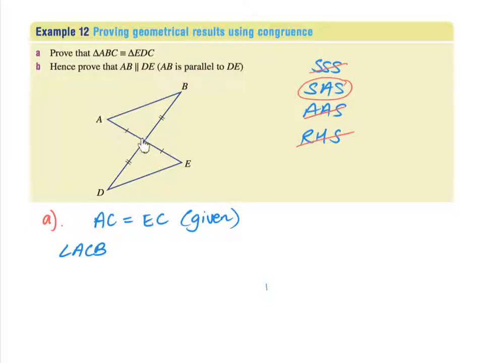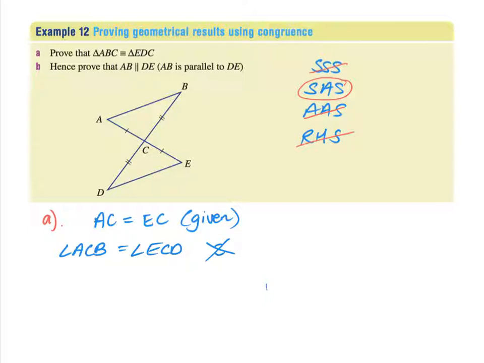If it's ACB, we start with this point going towards C, then we're going to be talking about ECD. Okay, that's the correct order. Angle ECD. And this here is vertically opposite, so we can just go ahead and put our reason.